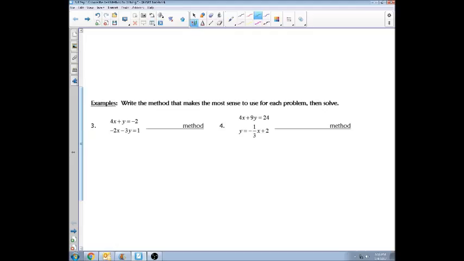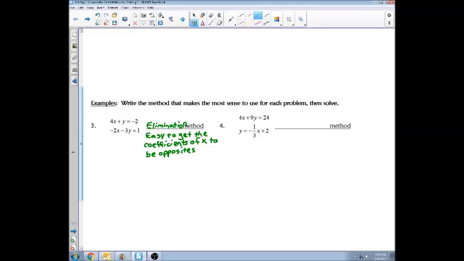So I'm going to use elimination here, though you would not be wrong if you said substitution on that problem, because it would be just as easy to get y by itself. So it is easy to get the coefficients of x to be opposites.